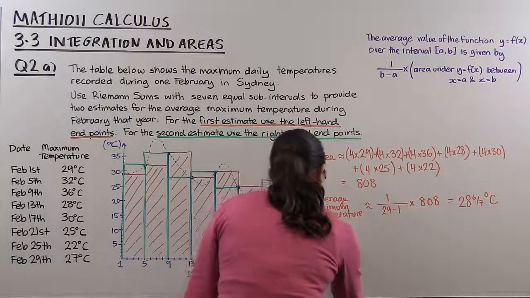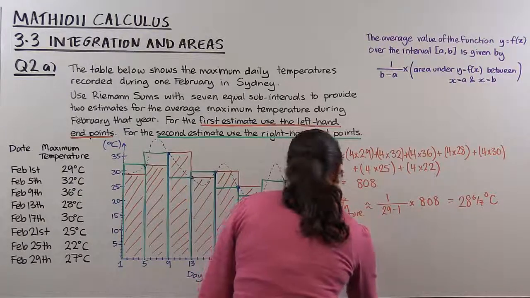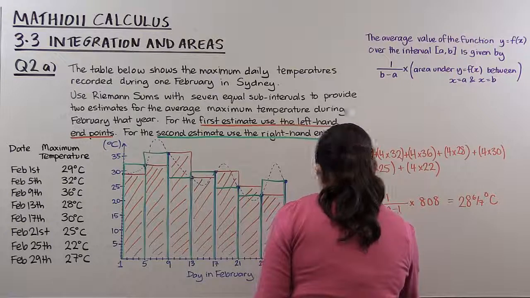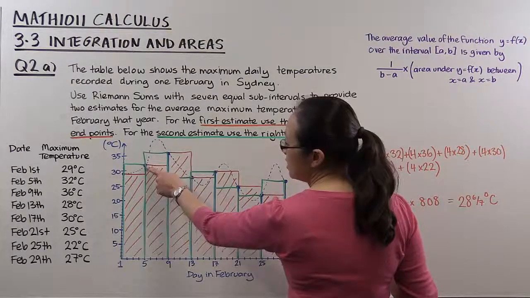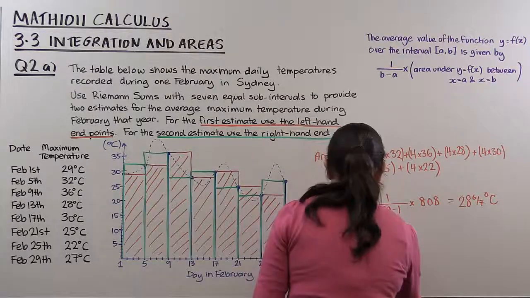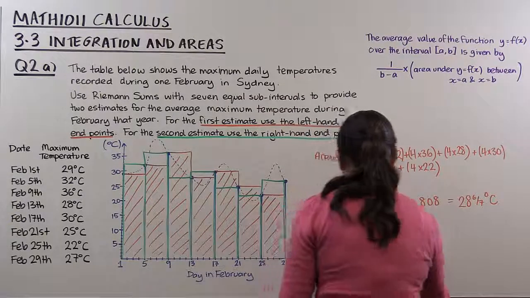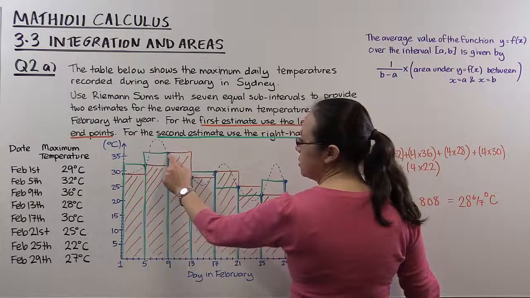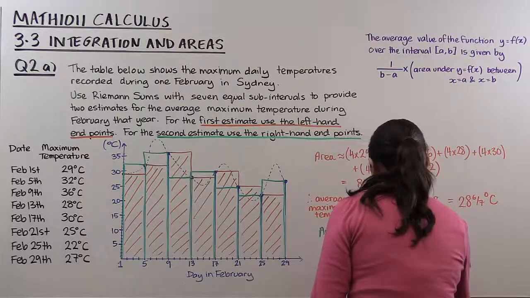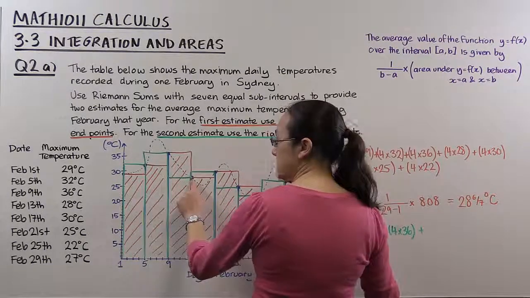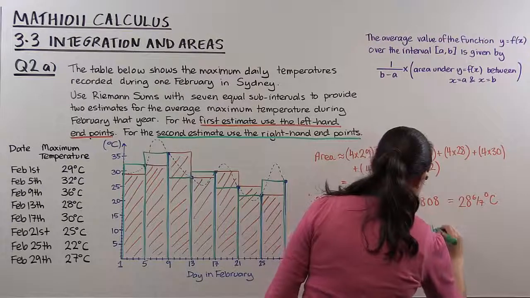So using that, our first rectangle will have a base of 4, but this time a height of that rightmost endpoint, which is 32. So it's going to be 4 times 32 for the first rectangle. The second rectangle is going to be 4 times 36. The third rectangle is going to be 4 times 28.